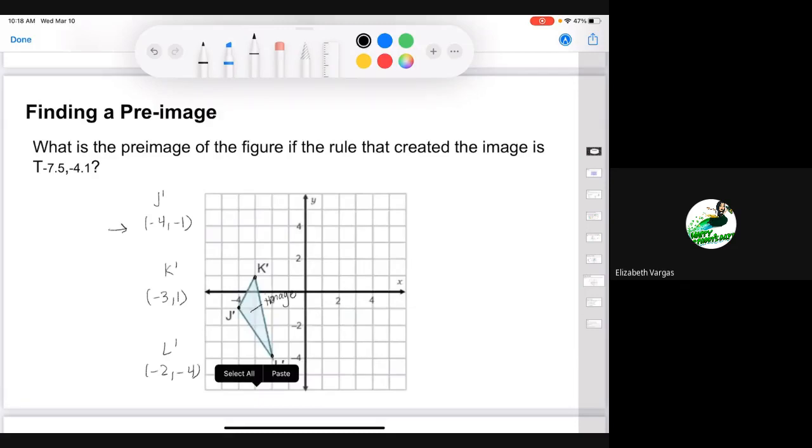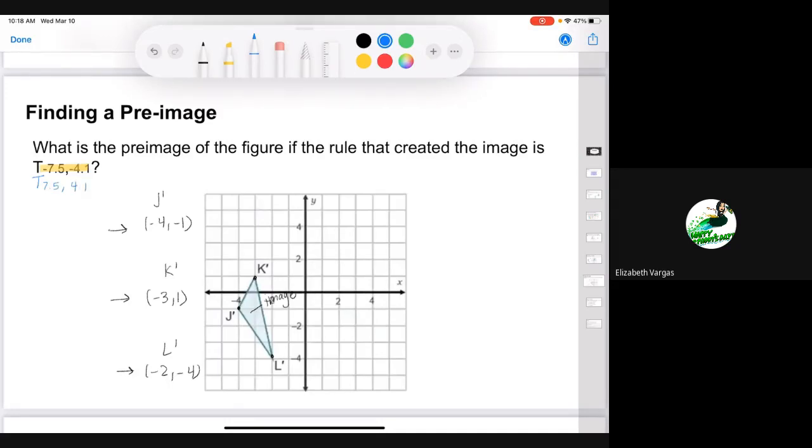So what I want to do is identify what my coordinates were before this specific translation was applied. So if this specific translation was applied, I want to do the opposite of it. So instead of subtracting, I'm going to add.